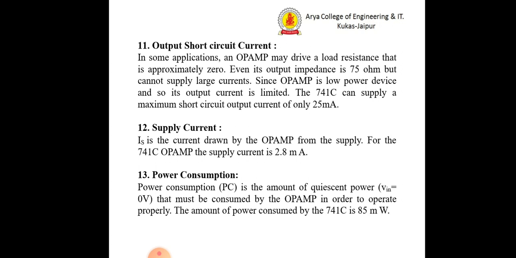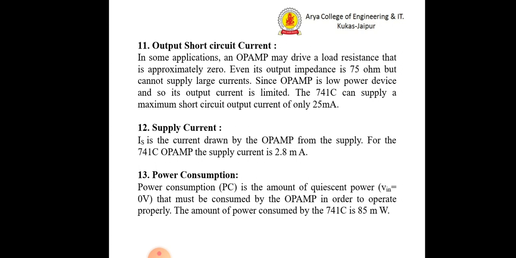The 741C can supply a maximum short circuit output current of only 25 milliampere. So according to this 25 milliampere limit, you can see the op-amp cannot be used as a current amplifier as such. It cannot be used as a power amplifier, but it is basically used as a voltage amplifier.